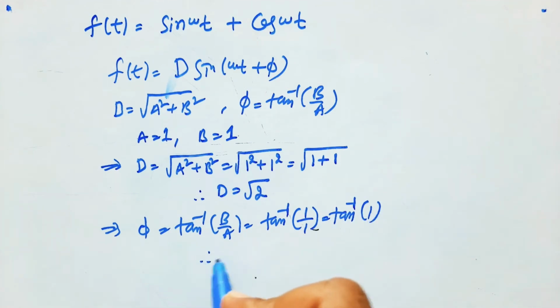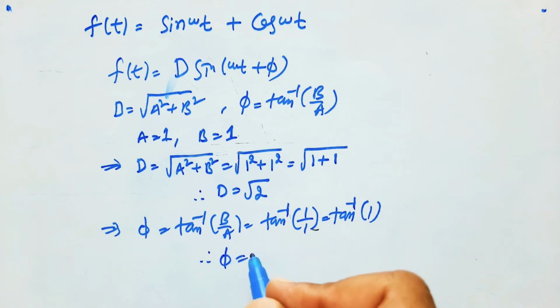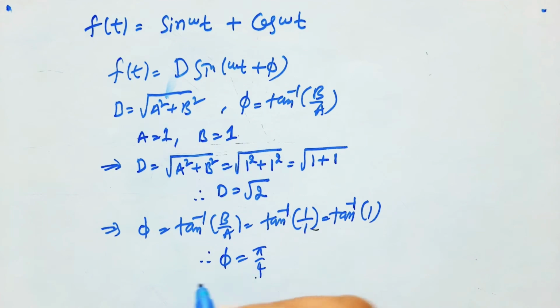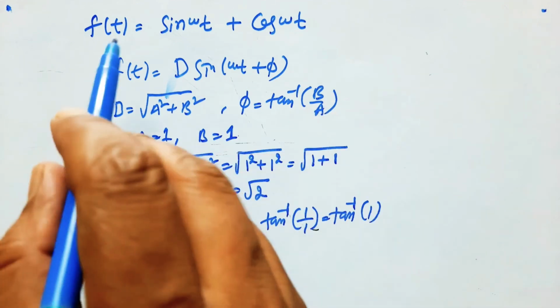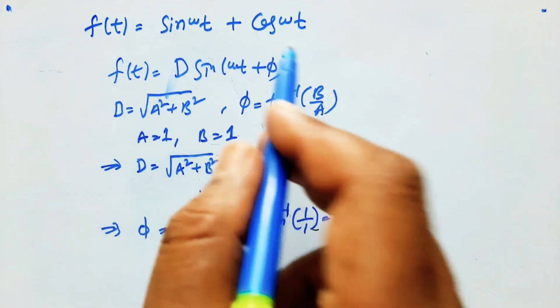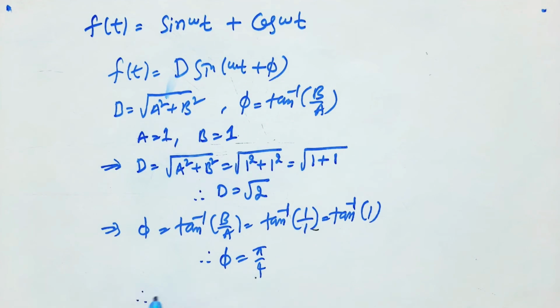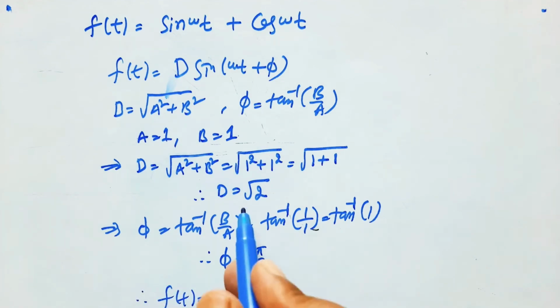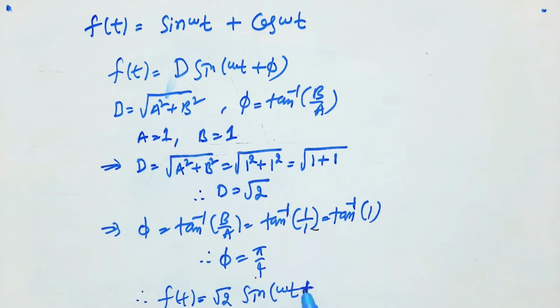Therefore phi is equal to 45 degrees, or pi by 4 radians. So the function f of t equals sin omega t plus cos omega t can be written as f of t is equal to root 2 into sin of omega t plus pi by 4.